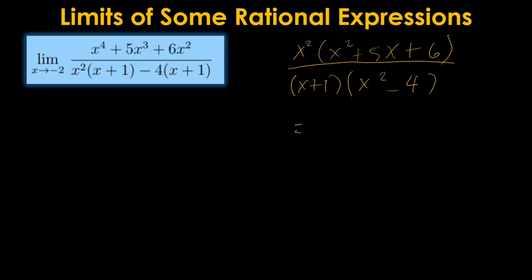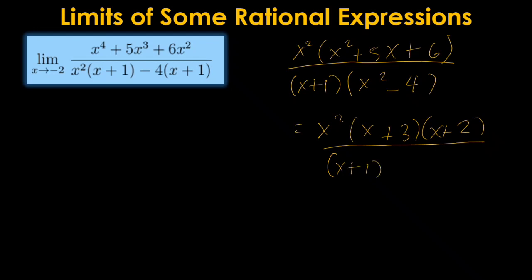So we can factor this out. This is x squared plus 5x plus 6. We can factor as 3 and 2 to give us 5x in the middle term. That's positive here. So plus 3x and plus 2x give us plus 5x. Our denominator, now here we have a difference of 2 squares because 4 is 2 squared. And we can factor it out as x minus 2 and x plus 2.